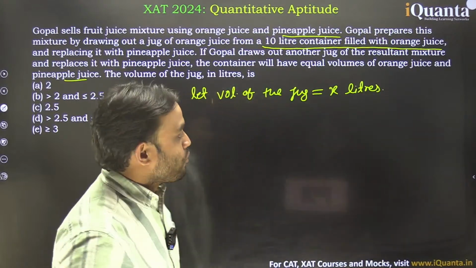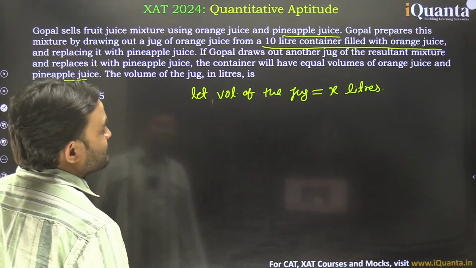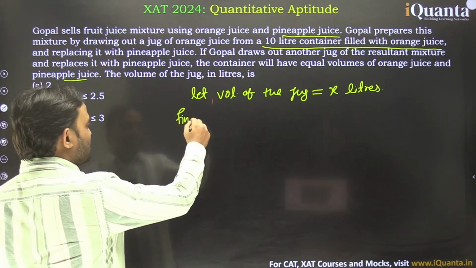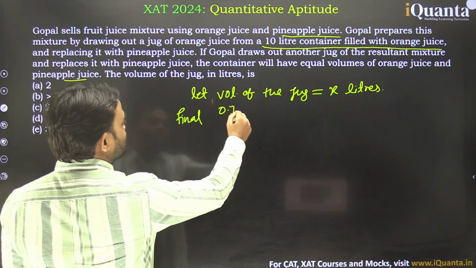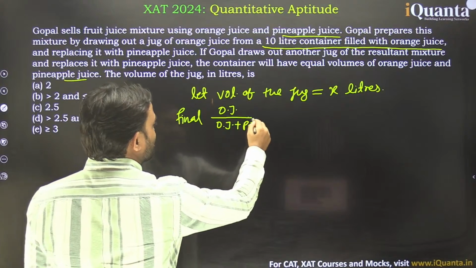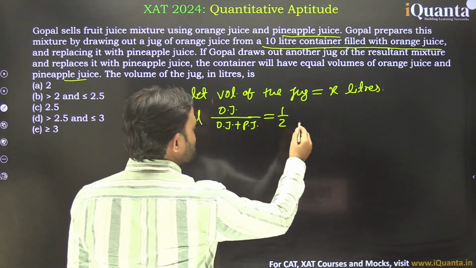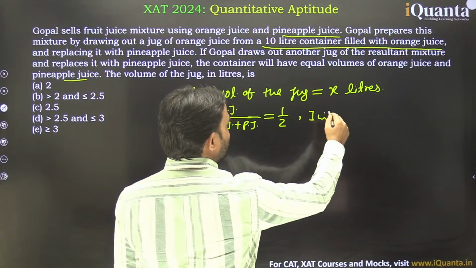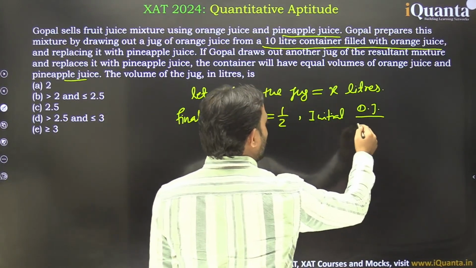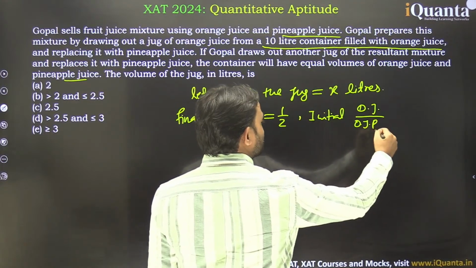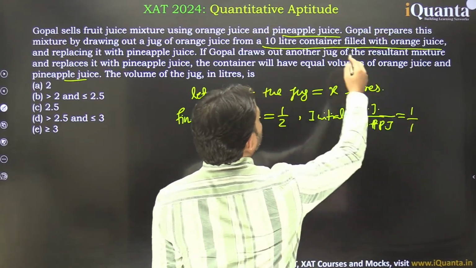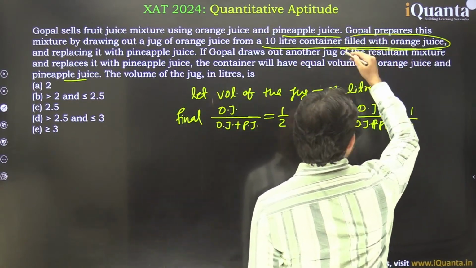Okay, so can we say equal orange juice, so final orange juice upon orange juice plus pineapple juice is equal to 1 by 2, while initially orange juice upon orange juice plus pineapple juice was 1 by 1, because it's given in the question that the container was filled with orange juice.